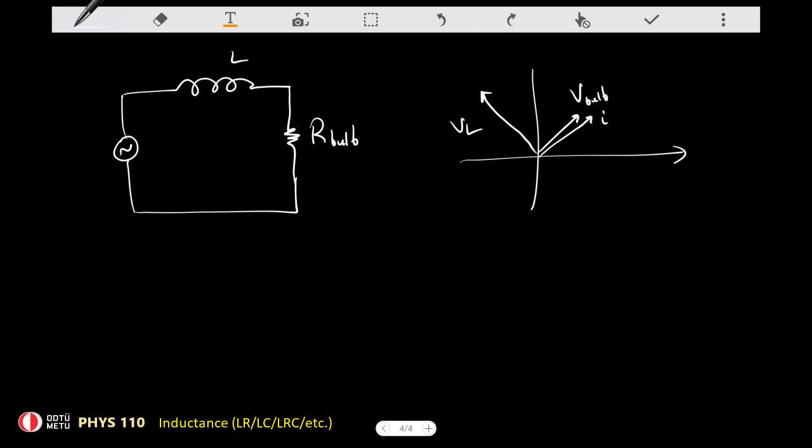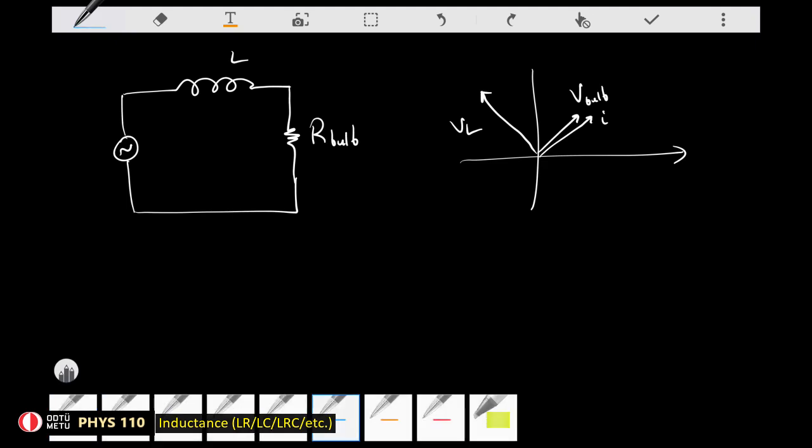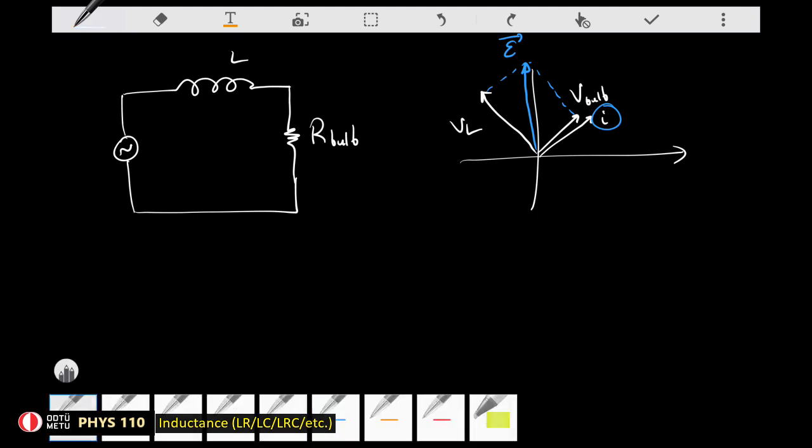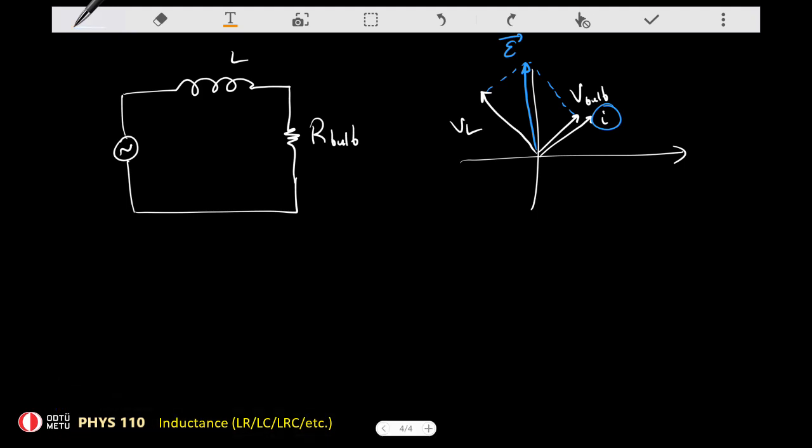I'm going to use a different color now. The EMF would be just the vector sum of these two, so the EMF would be a vector like that. The EMF has a given magnitude, and the current has a given magnitude, so I have to adjust the value of V_L.